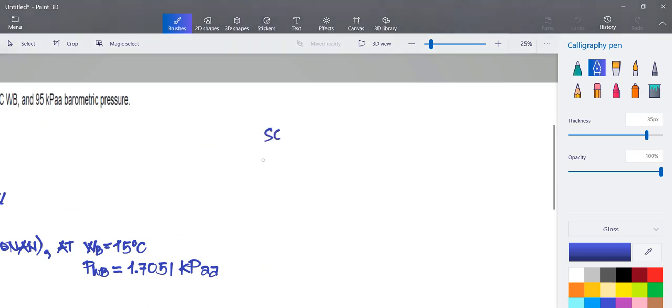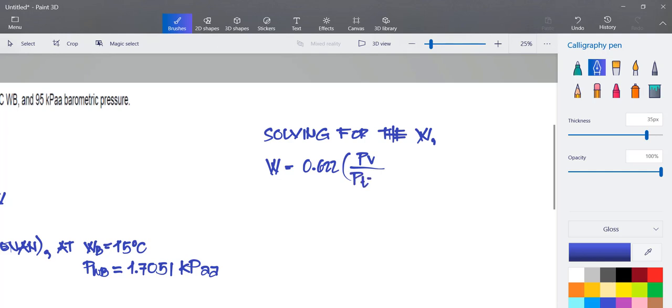Now solving for the humidity, we have your equation where your humidity will be 0.622 multiplied by the partial pressure of water vapor divided by the total pressure minus the vapor partial pressure.